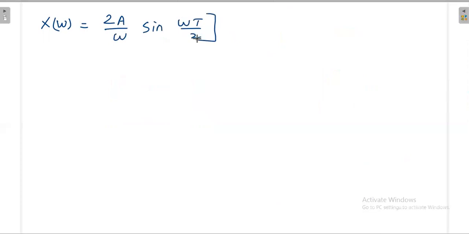Before simplifying, we will see some basic formulas. The basic formula is the SA function, that is SA of x. SA of x means sampling function, which is equivalent to sine x divided by x. Whenever sine x by x is there, we can write it as SA of x.